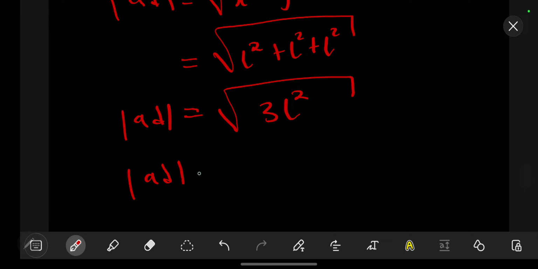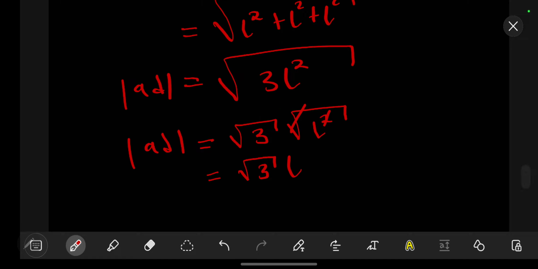So the magnitude of AD should be equal to, according to radicals, we can distribute this. So we have the square root of 3 times the square root of L squared, like that. The square root of 3 we can just leave like that. This square root and this square will cancel, so we are going to have an L there.